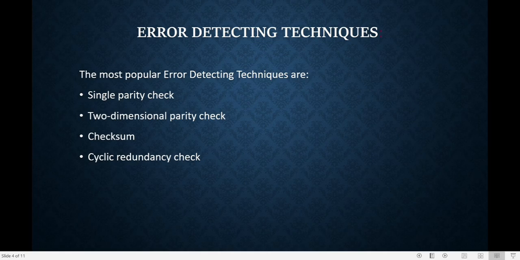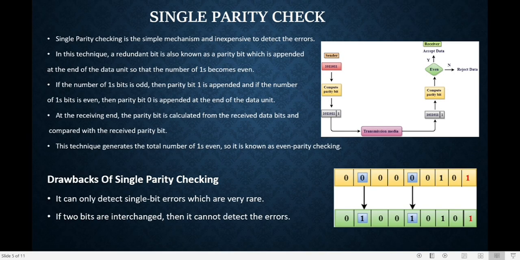The most popular error detection techniques are single parity check, two-dimensional parity check, checksum, and cyclic redundancy check. Now let's see the technique one by one. At first, single parity check. Single bit parity is a simple error detection method that involves adding an extra bit to the data transmission.